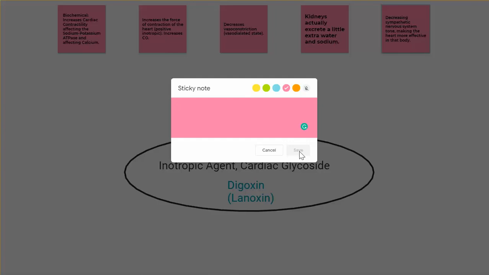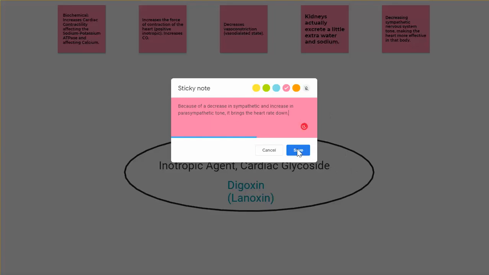All right. It also, because of that increase of parasympathetic tone and decrease of sympathetic tone, brings the heart rate down.